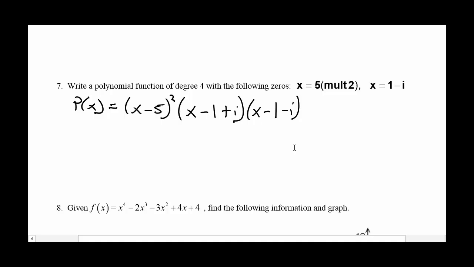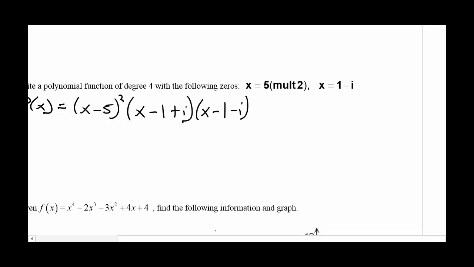Okay, so now the task becomes, let's multiply. I'm going to suggest let's start with the i expressions, and I'm going to kind of scoot this over to the side here and work on the side. So x minus 1 plus i times x minus 1 minus i.